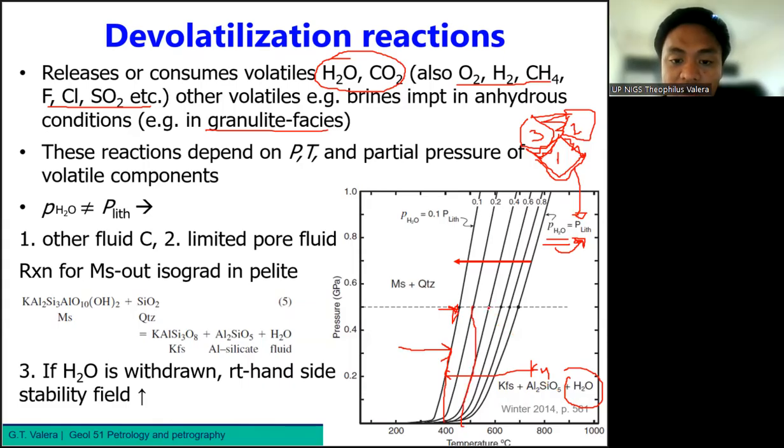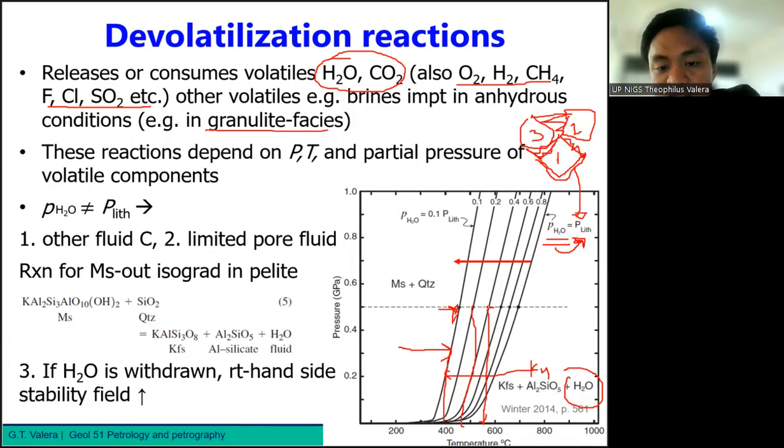Kapag even more, kapag 0.4, so 4/10, ito pala kanina ay 25%. Anyway, 4/10. If 4/10 of the available space is filled with water, then the reaction proceeds at a much higher temperature, and so on and so forth.